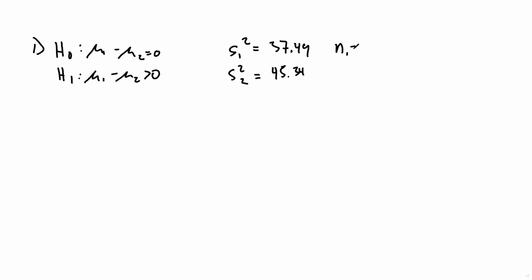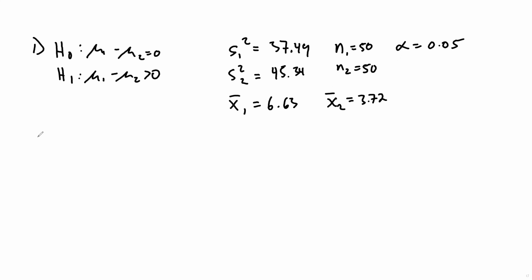We have N1, which is 50, N2, which is 50. We know our alpha is 5%. That was given to us. Some other values that you're going to need: X bar 1, the average net annual returns, is 6.63%. Average returns for through the broker is 3.72.